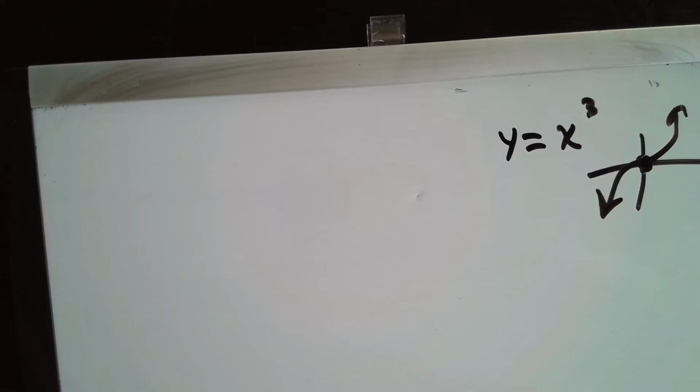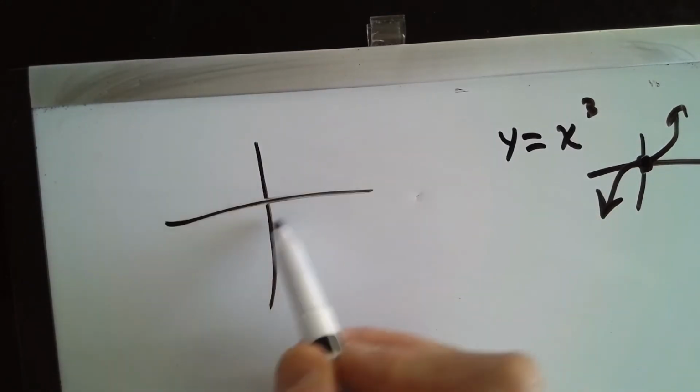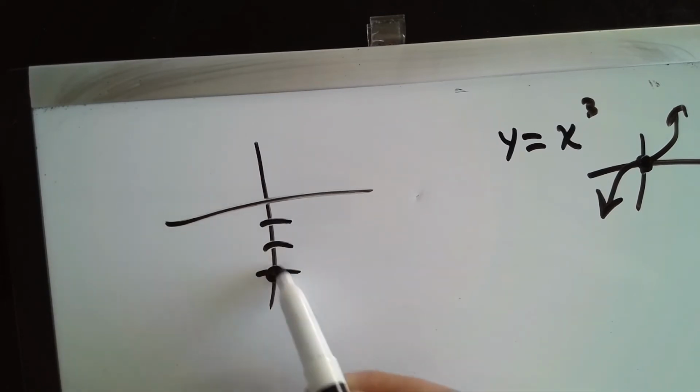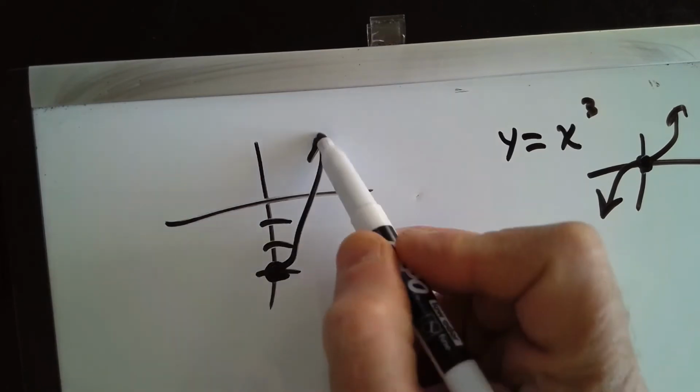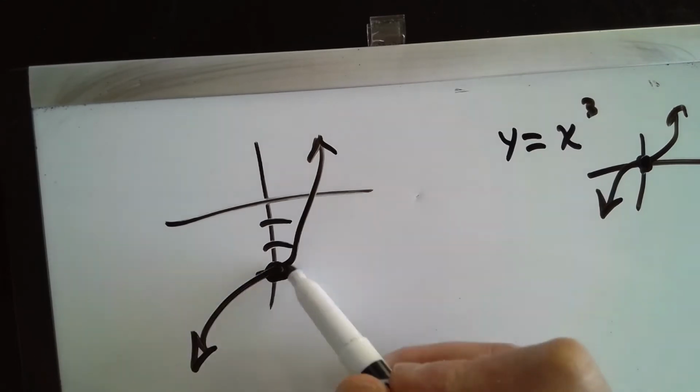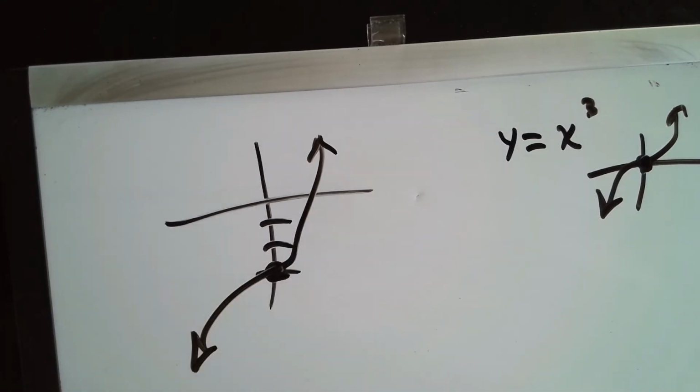And we're going to shift it which way? Down 3. So this point here is going to go down 1, 2, 3. So this point is now down here. So now it's going to move up and to the right, down and to the left, like that. Okay? And so you just got to select the correct graph there.